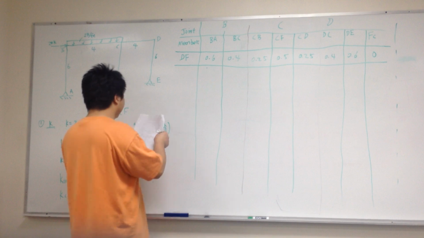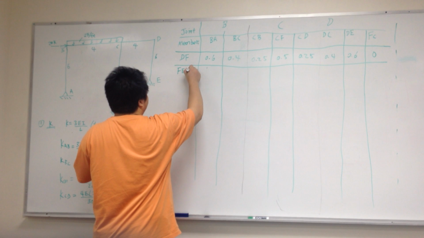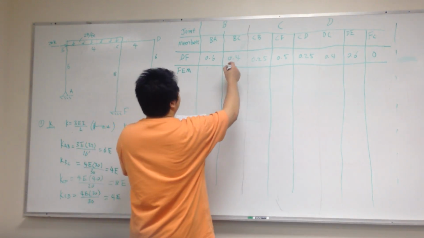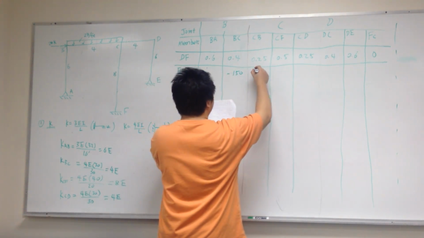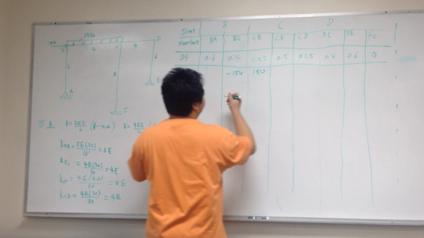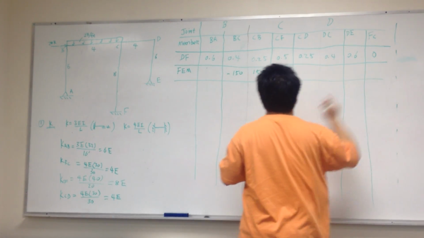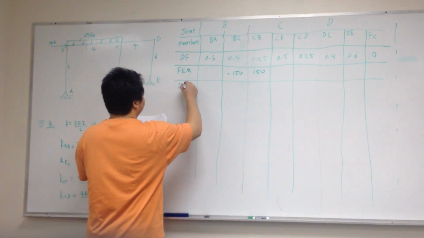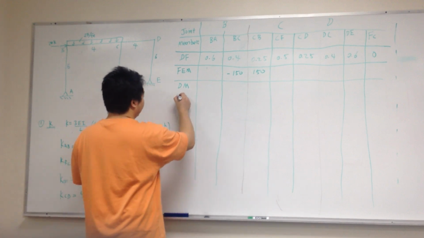And for the next one, you're going to have fixed end moment. In this case, BC is negative 150 and CB is 150. And then we're going to have carry over moment.